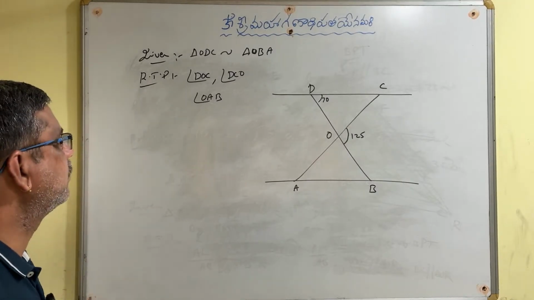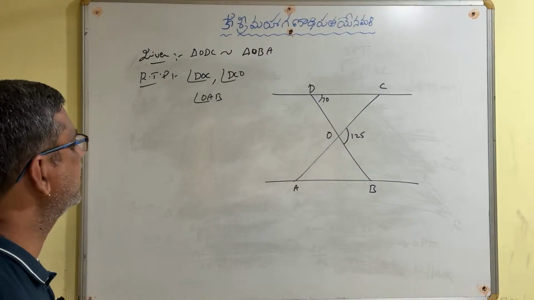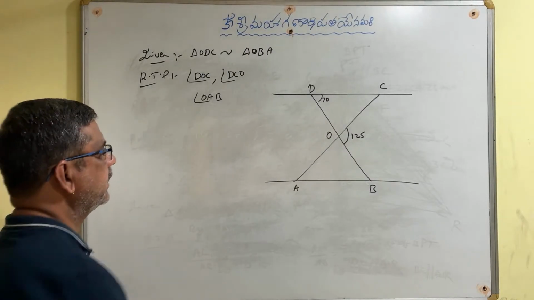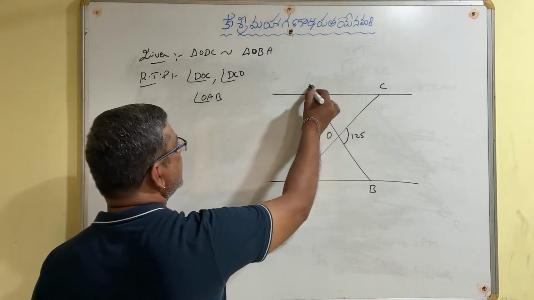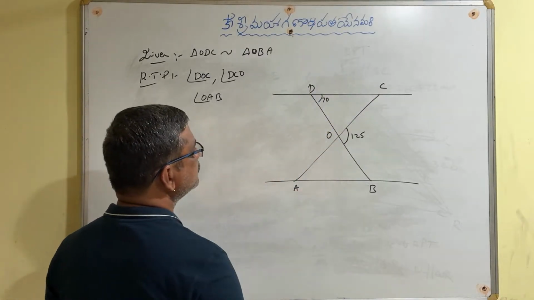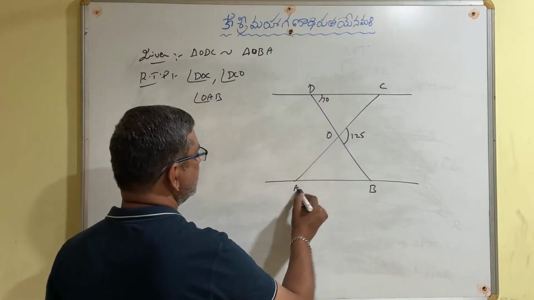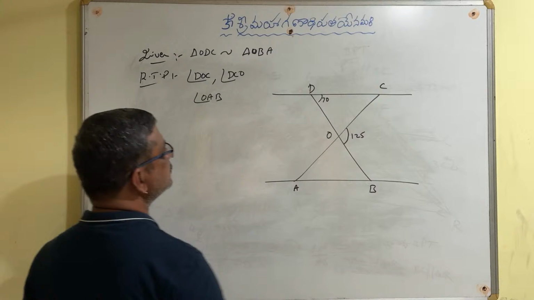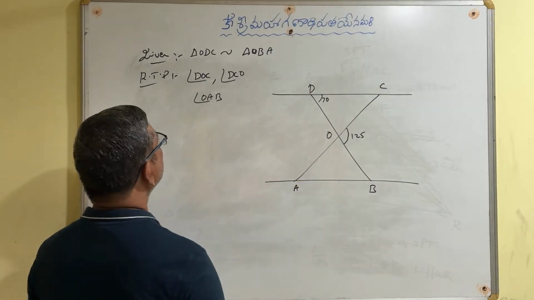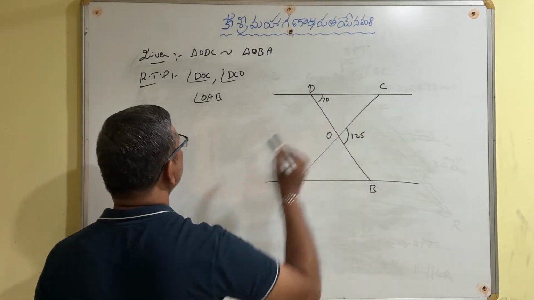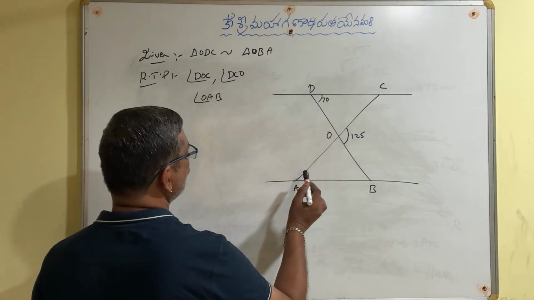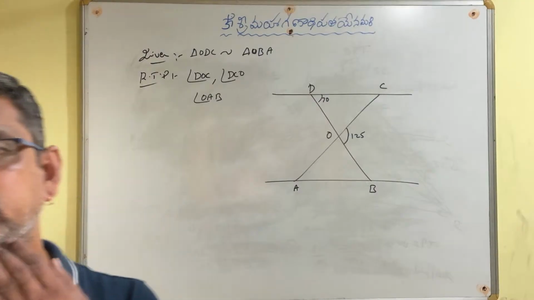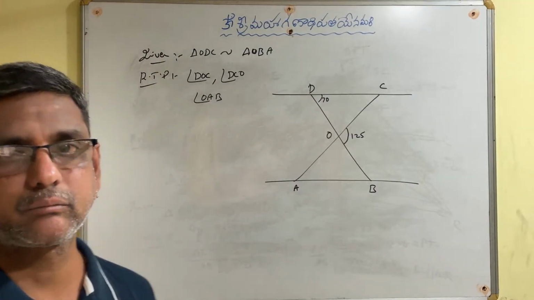Given triangle ODC similar to triangle OBA, and we need to find out angle DOC, angle DCO, and angle OAB.